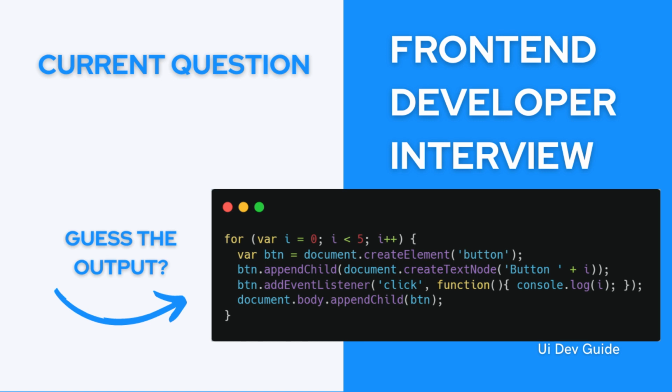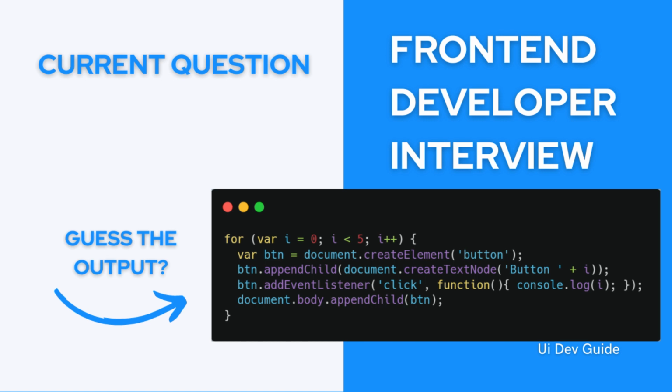If I change var to let, let's say let I equal to 0, what will be the output? In that case, each block will have its own value. Where we created it with var, because of hoisting and function scope, it has a single scope, and we are iterating the same value.